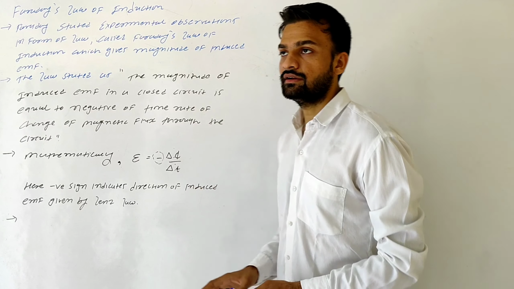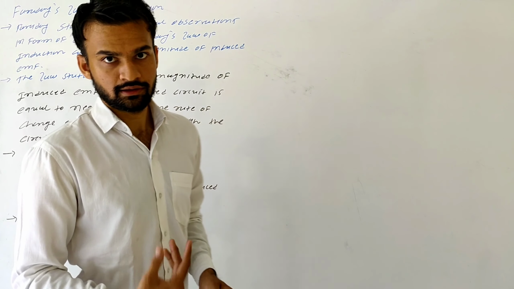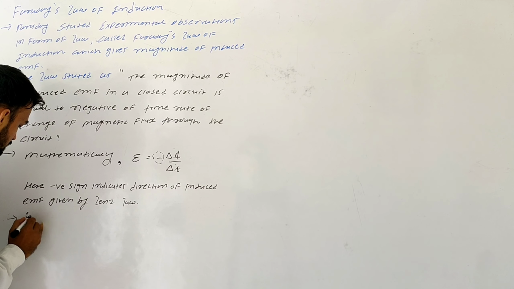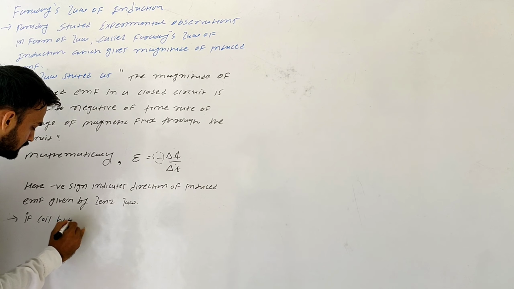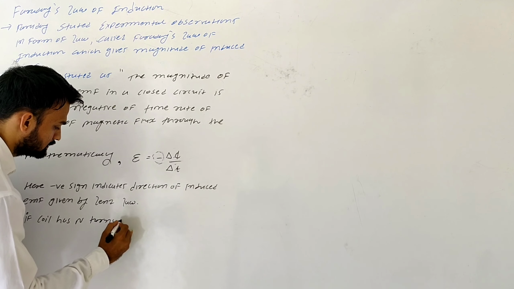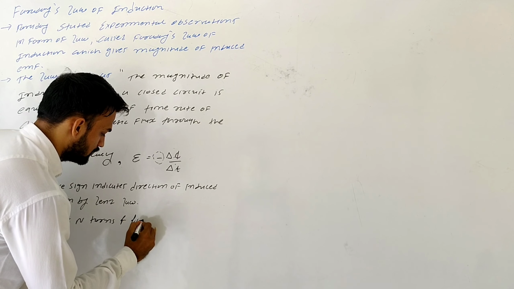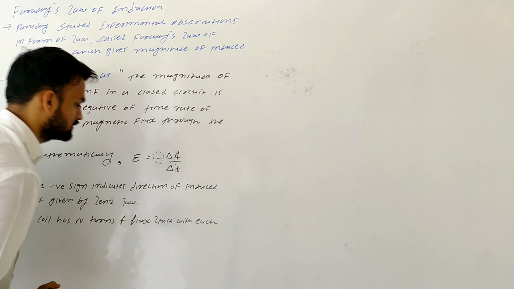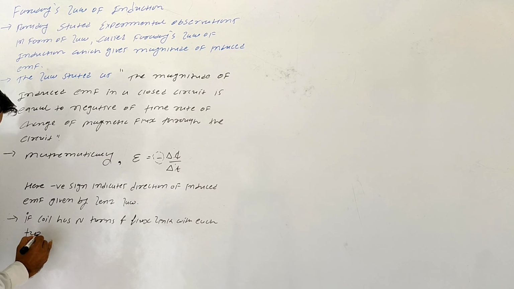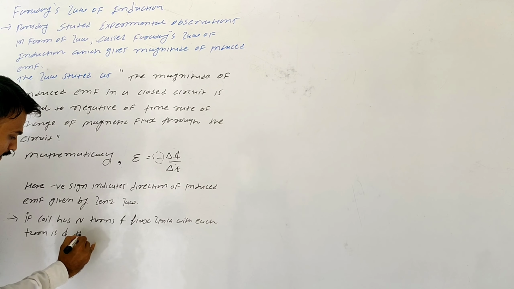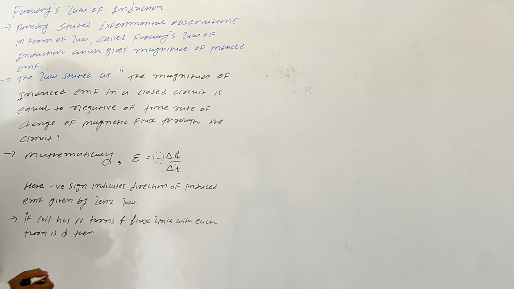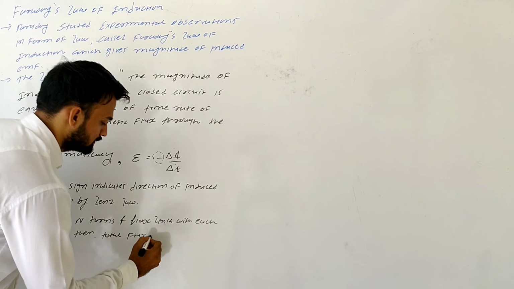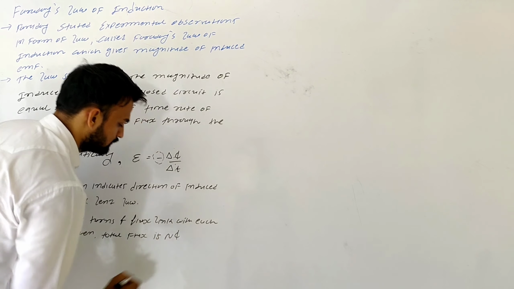But if this coil has n turns, then what happens? If the coil has n turns, and the flux linked with each turn is phi, then the total flux is n phi.